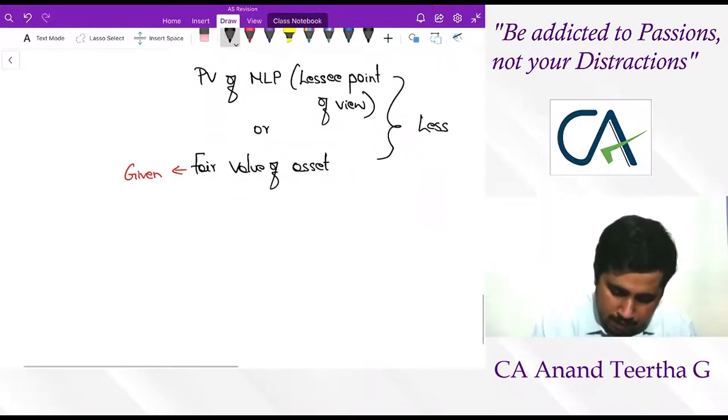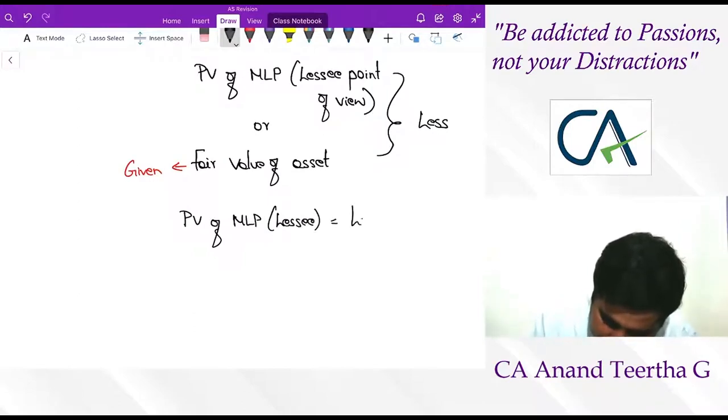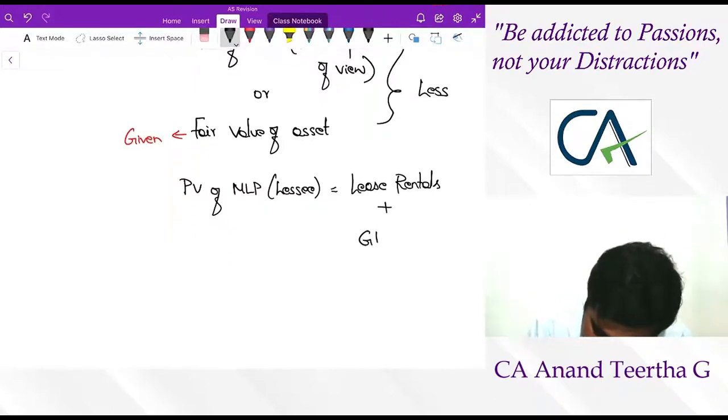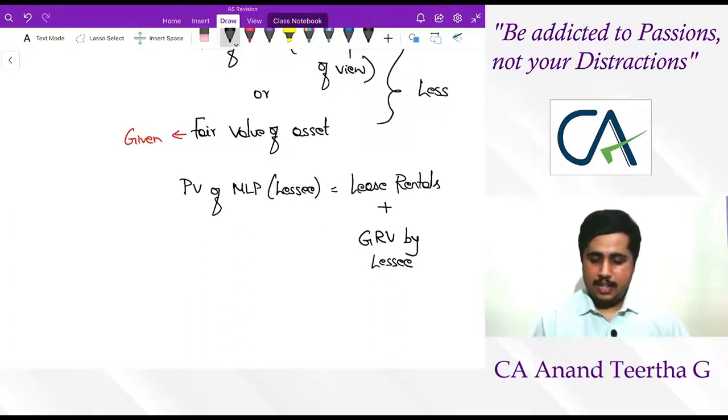So what is the way in which present value of minimum lease payment has to be calculated? Present value of minimum lease payment from lessee point of view is equal to lease rentals plus guaranteed residual value by lessee.